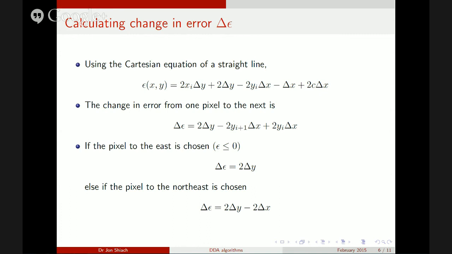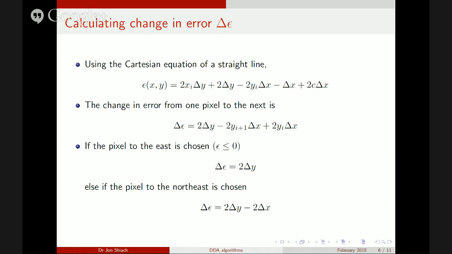Okay, after all of that, lots of algebra, rather tedious algebra, our change in the error comes down, if we went to the east, we just add whatever 2 delta y is. Now, delta y is the distance between the start point and the end point in the y direction.